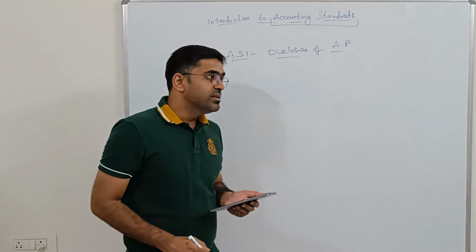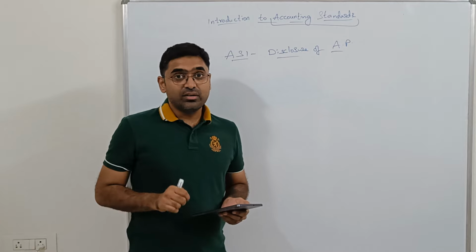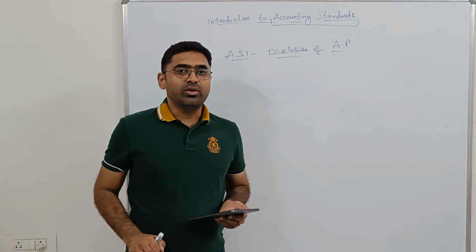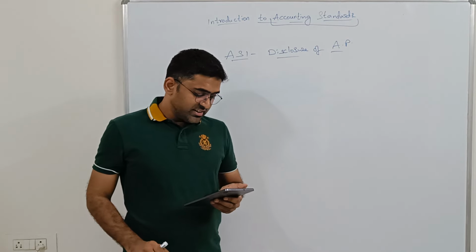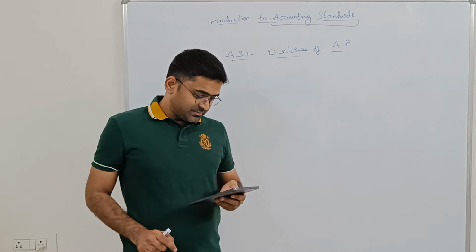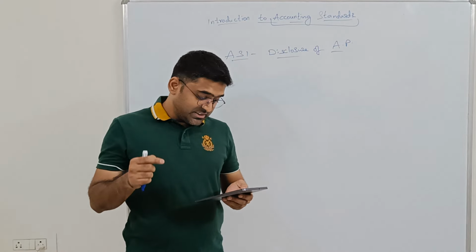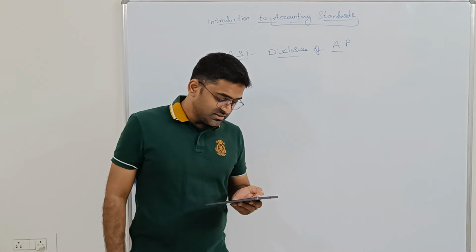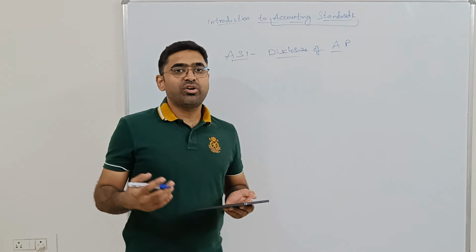Just for example, for charging depreciation, you can either follow straight line method or written down value method. Which method you are going to follow is your accounting policy. So the definition is like this. Accounting policies refers to the specific accounting principles and the method of applying those principles adopted by the enterprise in preparation and presentation of financial statements.